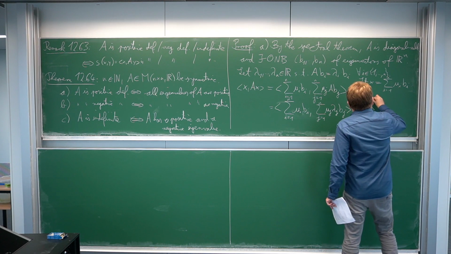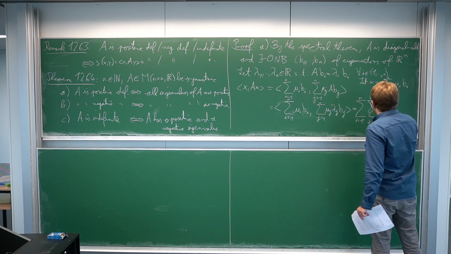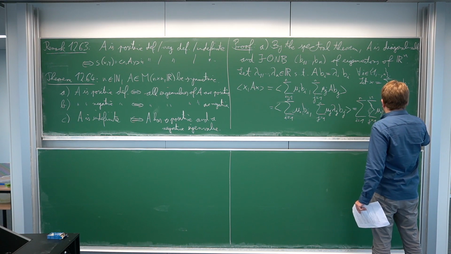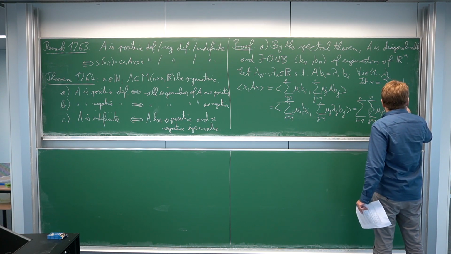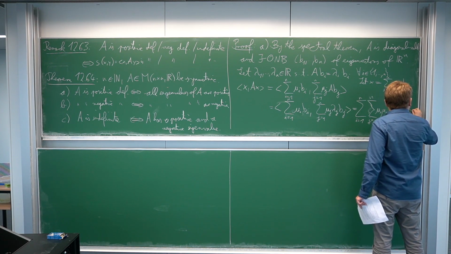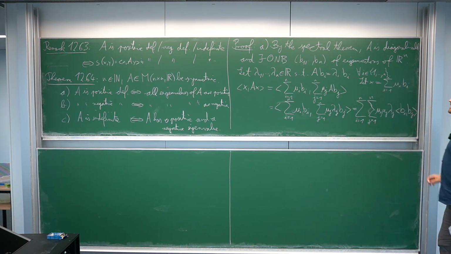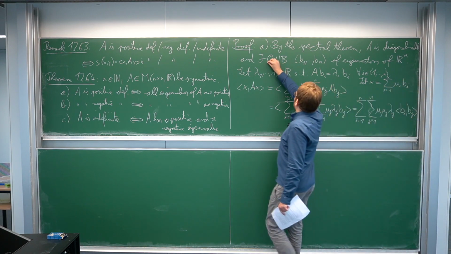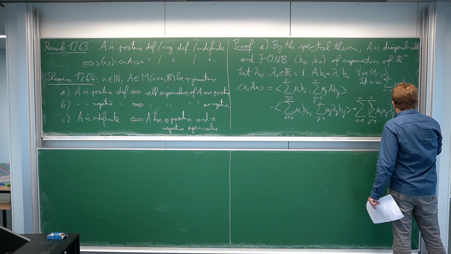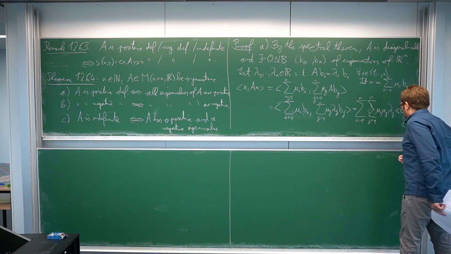We take this double sum of all the coefficients outside, mu i, mu j, lambda j, and left here is the inner product of bi and bj. But this basis here was an orthonormal basis, meaning this inner product of the two basis vectors is the Kronecker delta, delta ij, 1 or 0.